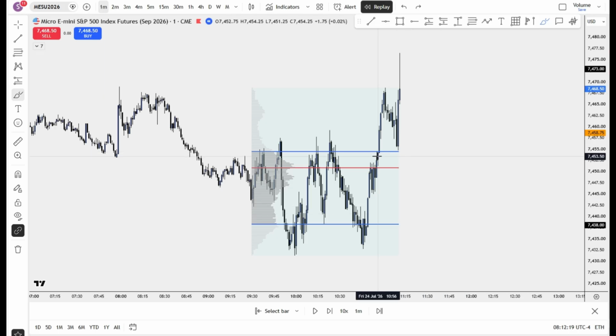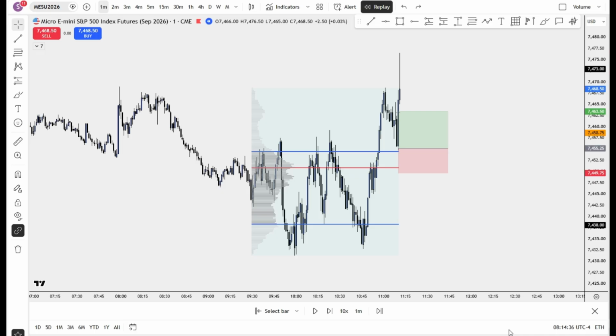When price reaches a value area high and breaks out, watch for acceptance above the value area. You can then enter long on the retest of the value area high and stops behind the POC. For even higher probability trades, you can combine the current session profile levels with previous session levels, such as previous day, previous week, and overnight.